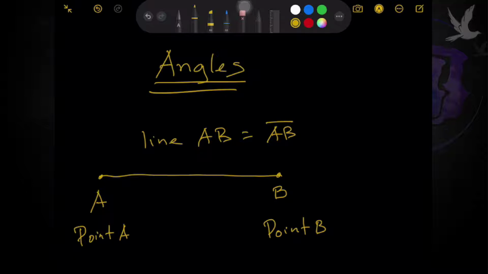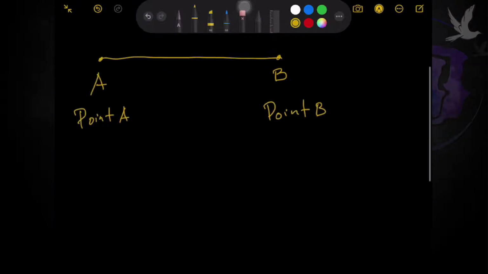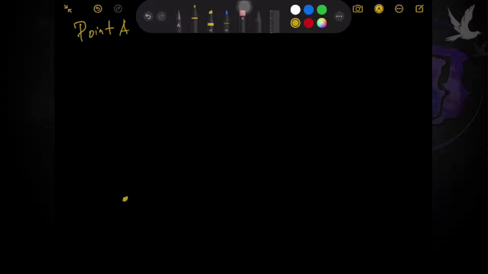Now, if you notice, there are only two points. What if we have, let's say, 3 points? We have point A, point B, and let's say point C. Now I'm going to draw a line from A to B, which forms line AB.